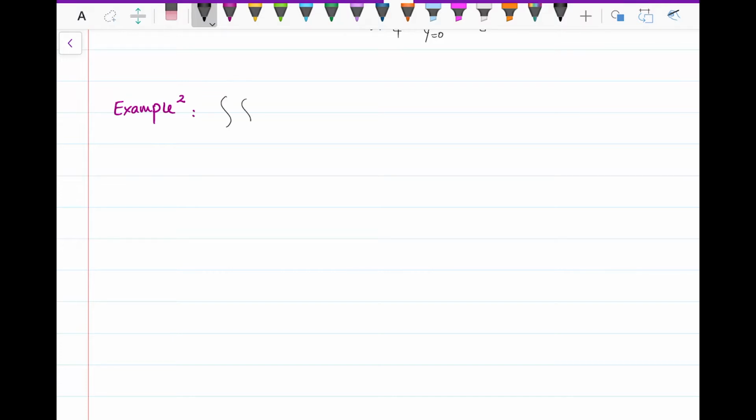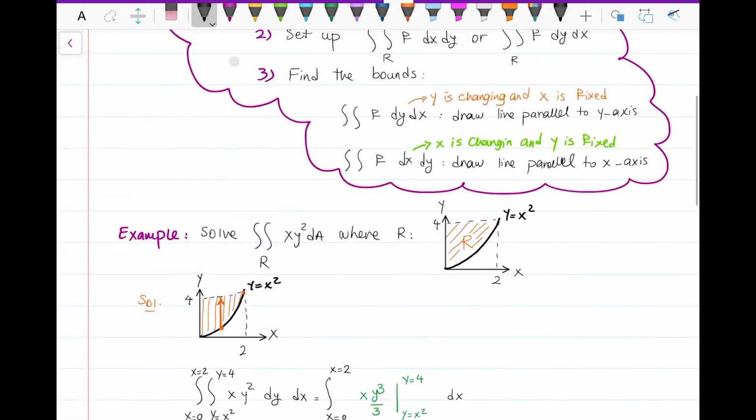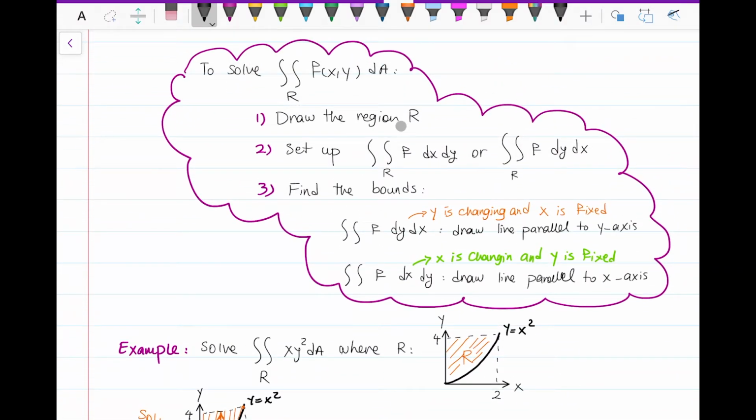We have the double integral from x squared to x, 0 to 1, of 1 plus 2y dy dx. So this one is given, but I need to graph the region R first. Always graph the region R. So you see, draw the region R, set up dx dy or dy dx, find the bounds.